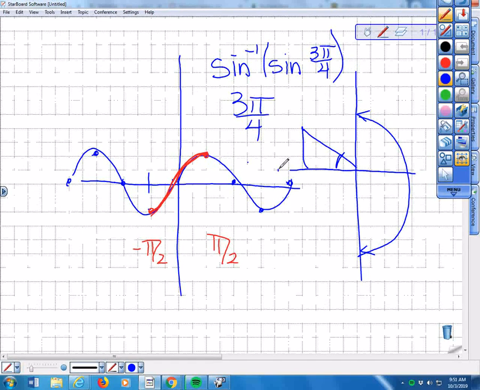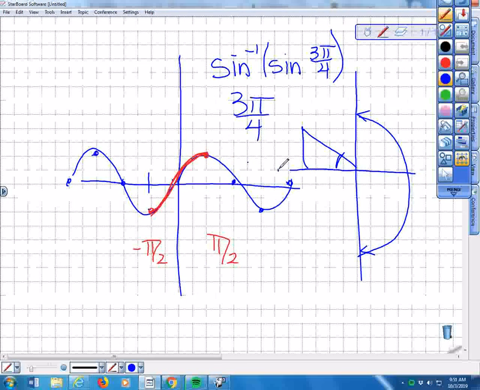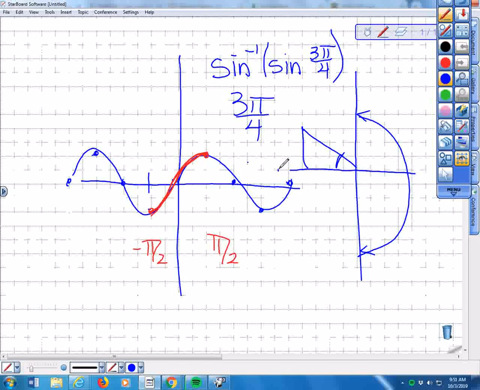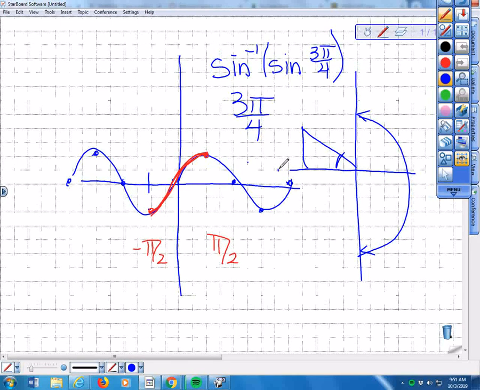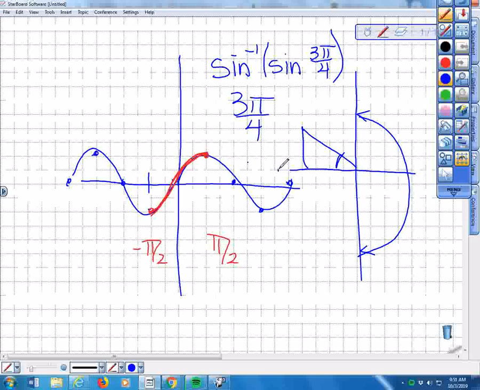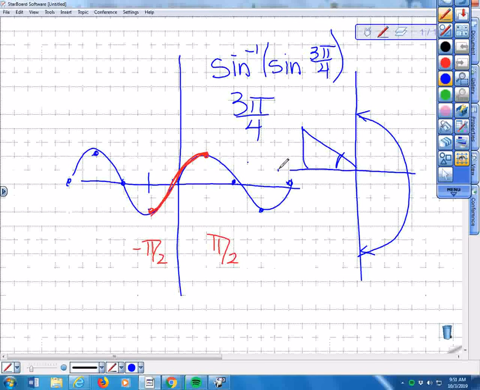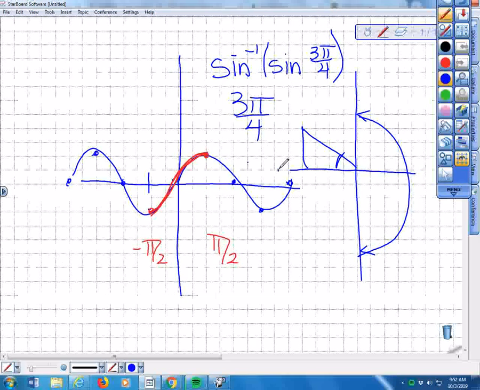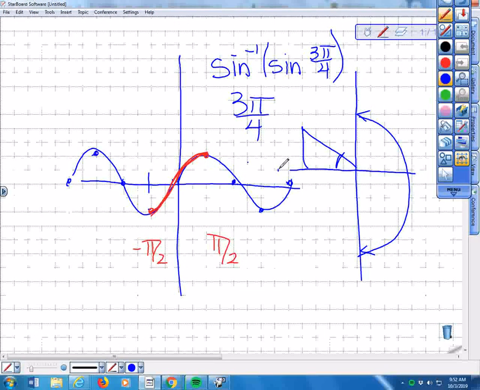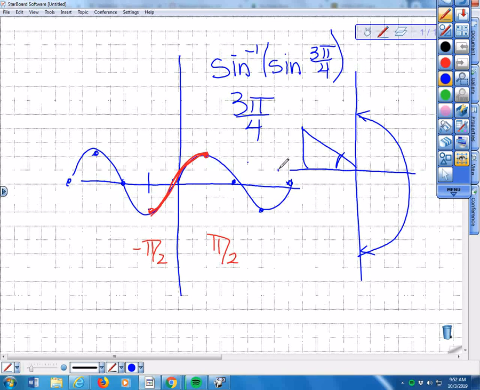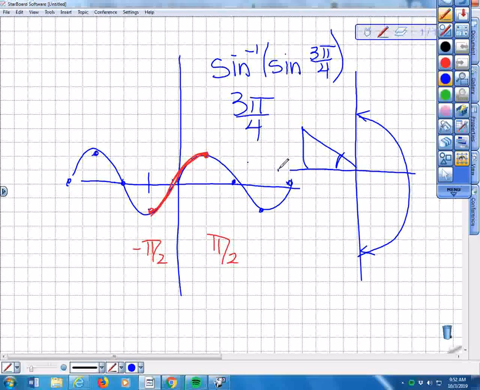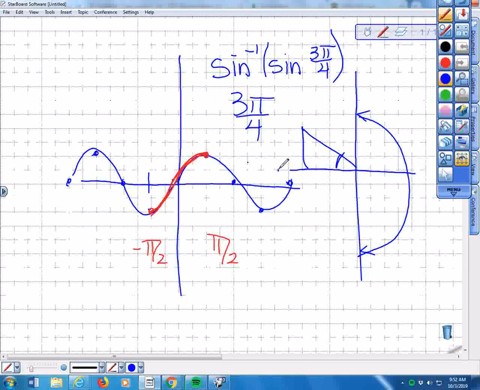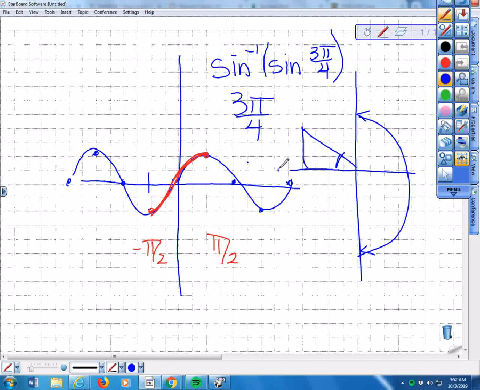Okay? So I'm really asking, sine of 3 pi over 4 is what? In a fraction. Do you remember? What's the sine of 45? Root 2 over 2. Remember this? Okay, root 2 over 2.